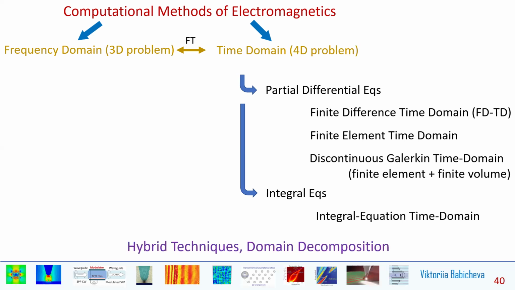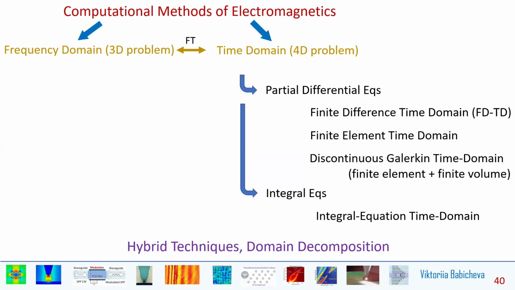Also, there are quite a few problems in electromagnetics where none of these numerical methods is advantageous over the other methods, so we combine these numerical methods to solve them using so-called hybrid techniques. In such cases, we can focus on the advantages of different numerical methods and discard the disadvantages to achieve a better, more efficient solution.